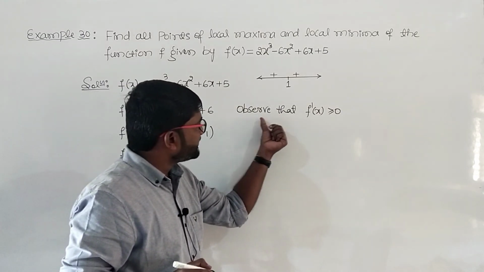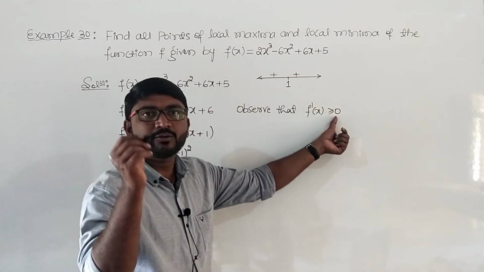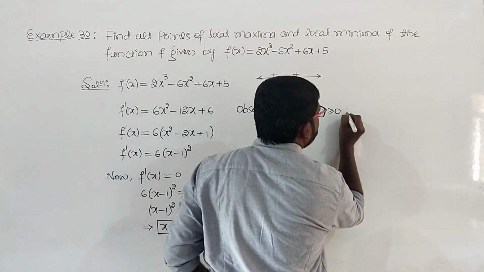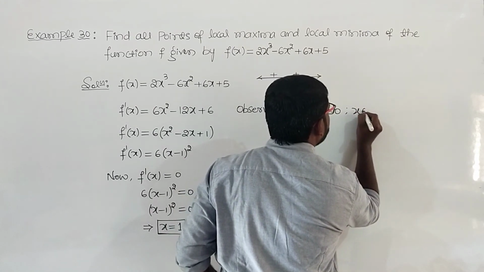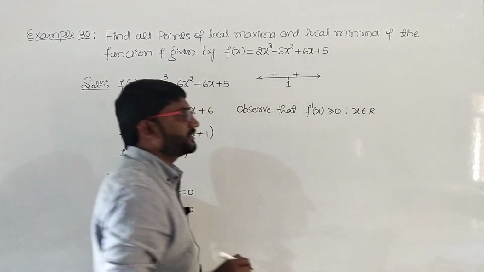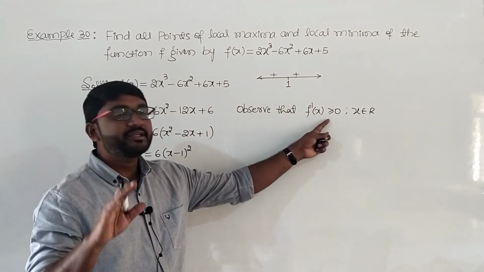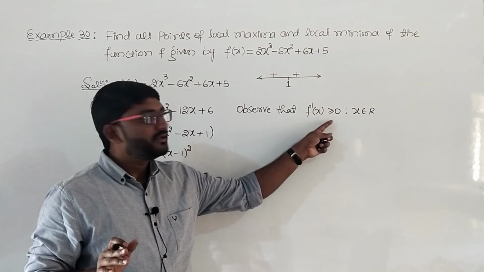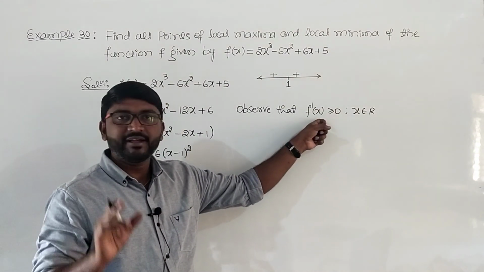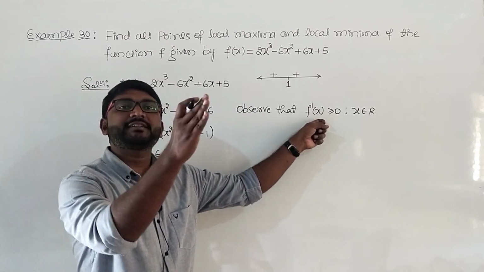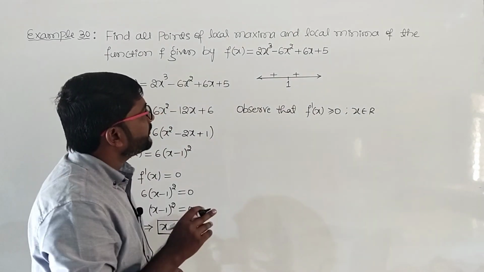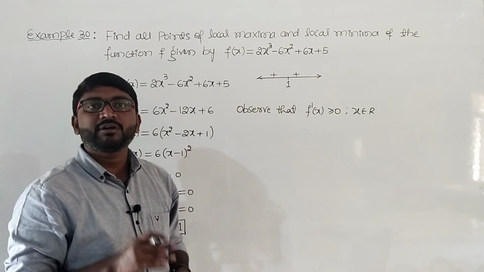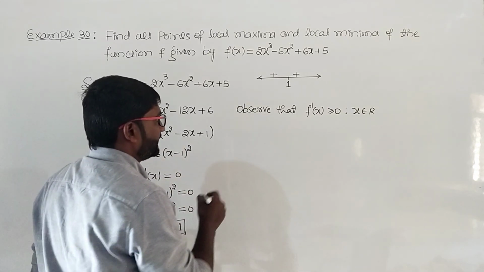So observe that f dash of x is greater than or equal to 0 for all x belongs to R, the real numbers. That means we are not going to get the less than 0 case here. You take any value of x, you are going to have f dash of x either 0 or greater than 0. That means x equal to 1 is neither a point of local maxima nor a point of local minima.